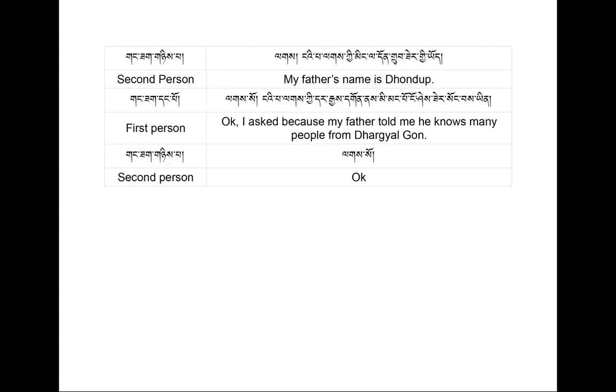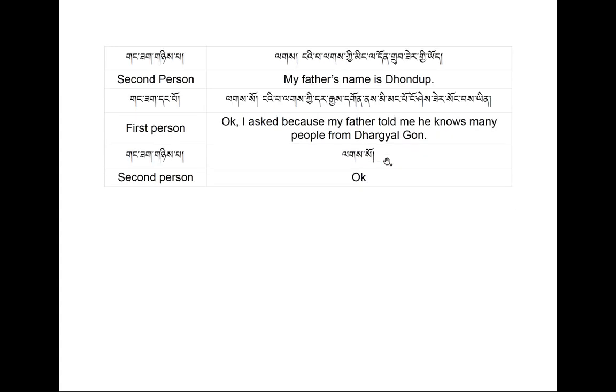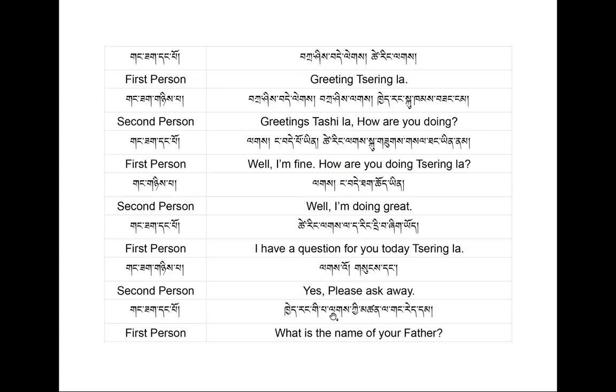So these are the family members, and this is how you ask for the names of a particular family member. For example, I've used Pala here. You can also say Amala, or Pola, or Momola, or Chempo, or Chungmo, or Aku, or Asham.